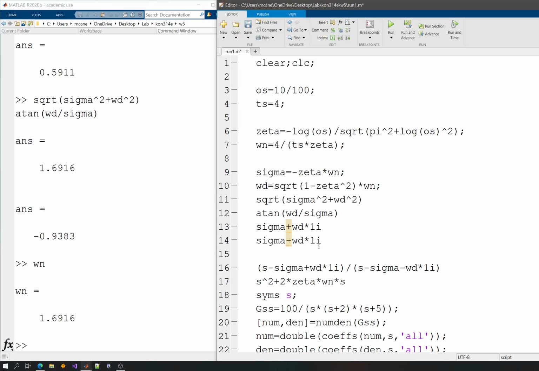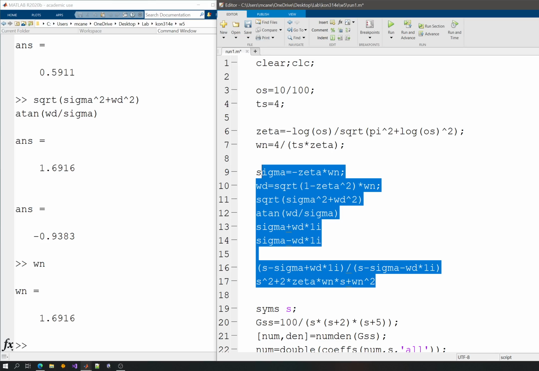Namely, this will be it. You can just go ahead and take note and try to maybe show that line 16 will give line 17. It would be a good practice for you, so you will understand the relation between the second order transfer function, which we define all the time, and the time domain specifications, and that they match at this point. And it is very important that you do this practice on your own.